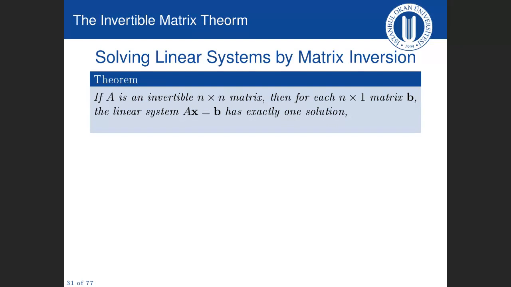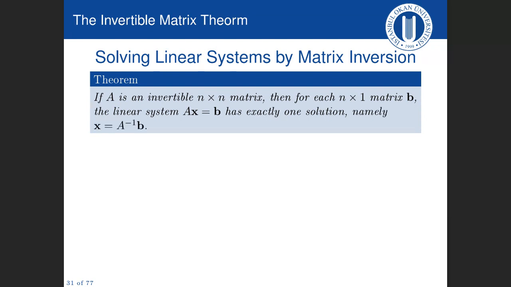If A is an invertible n by n matrix, then for each n by 1 matrix B, the linear system AX equal to B has exactly one solution. That was one of the statements in the invertible matrix theorem. But this theorem goes slightly further.